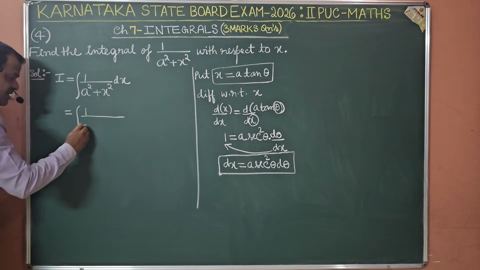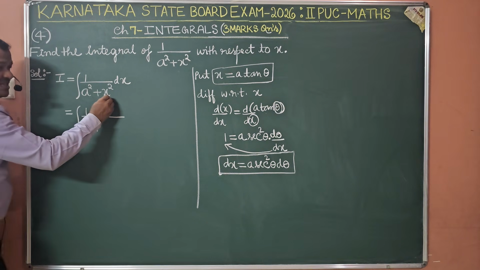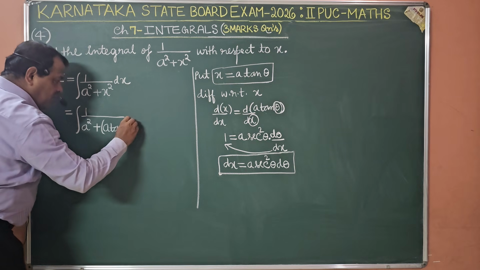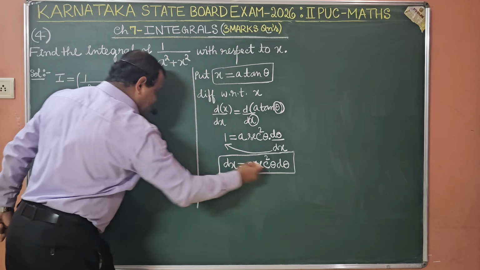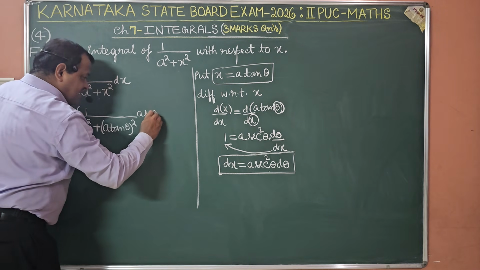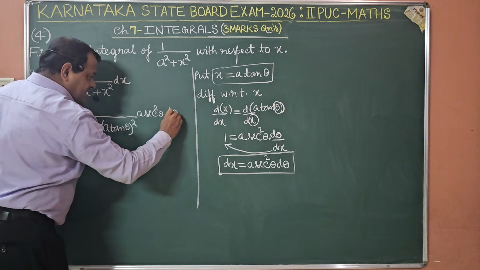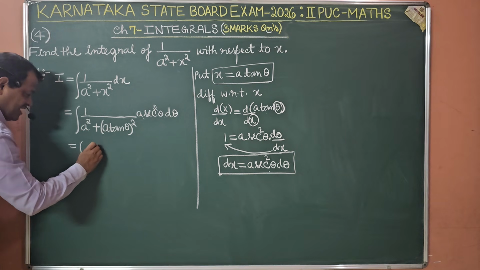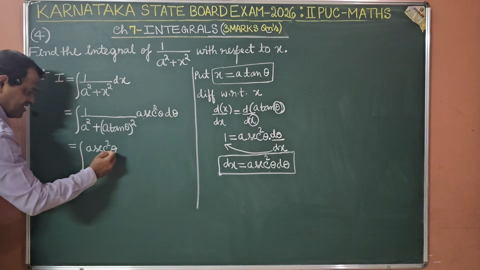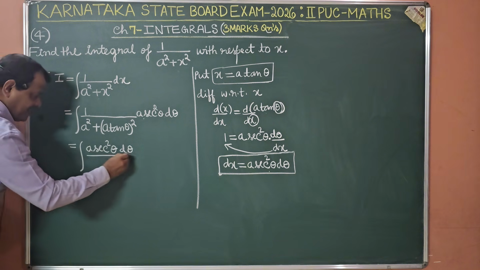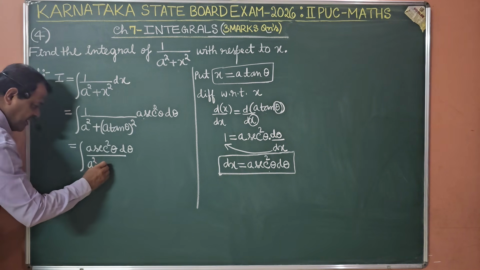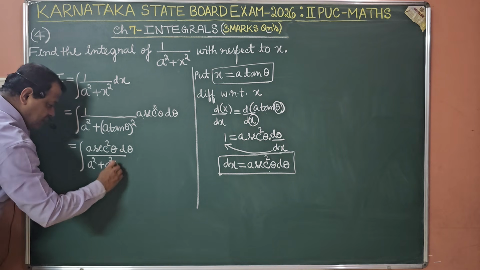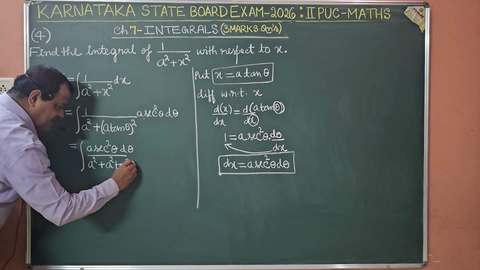Say 1 by a square plus, so x, I put a tan theta whole square, dx is, I will write a secant square theta d theta, and this I write as integral of 1 into a secant square theta d theta divided by a square plus a square into tan theta whole square, tan square theta.